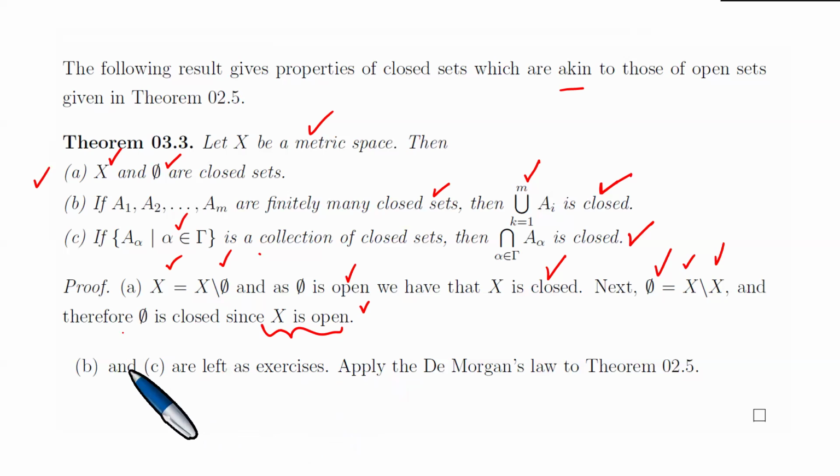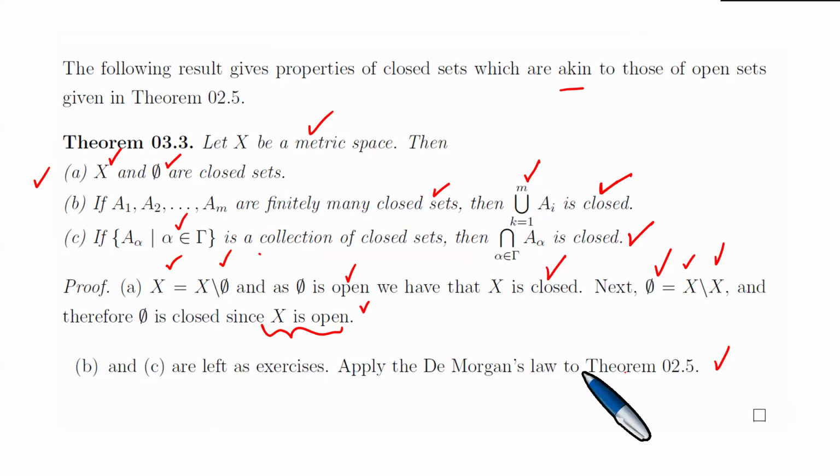But in the meantime, I want us to look at B, which is a weak statement: we're taking finitely many closed sets, and the union property is weak because it's only for a finite union. B and C are left as an exercise. Apply De Morgan's law to theorem 2.5. Of course, that would be very interesting to do.